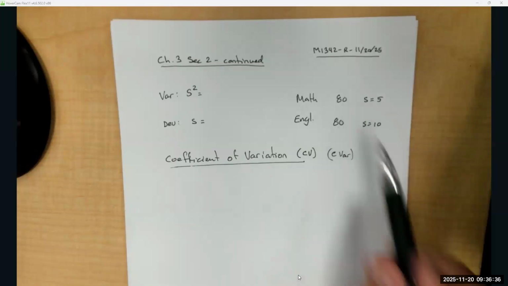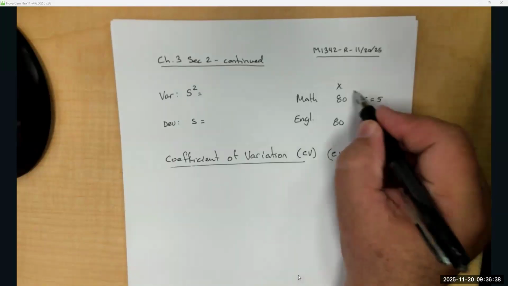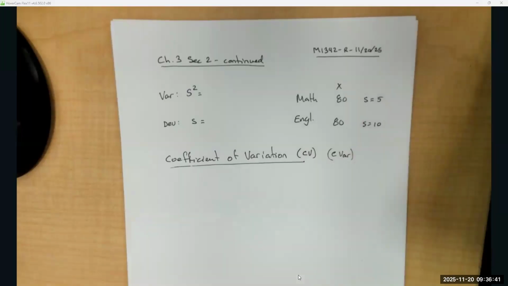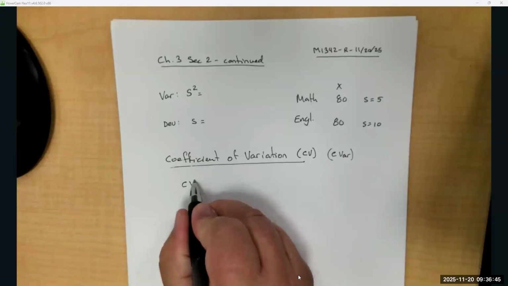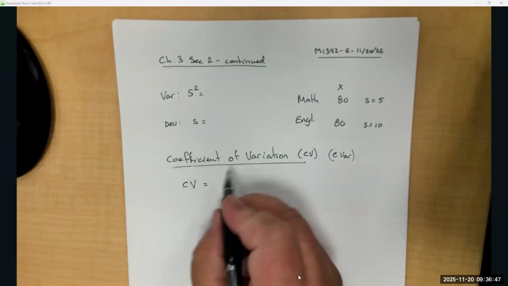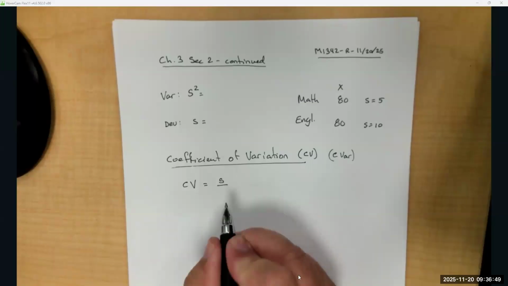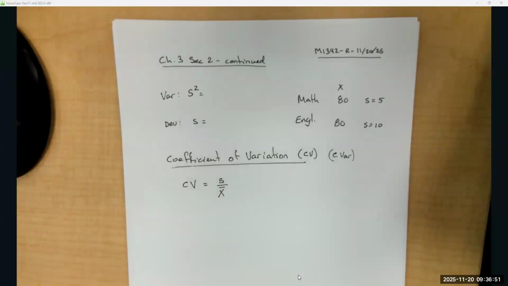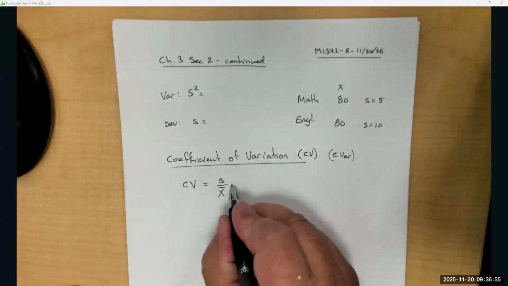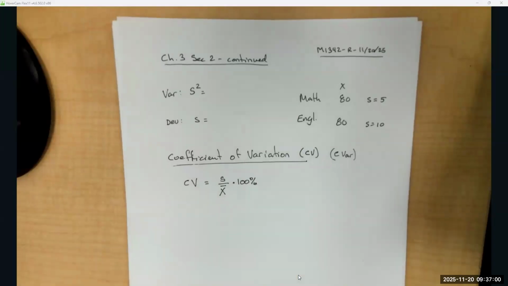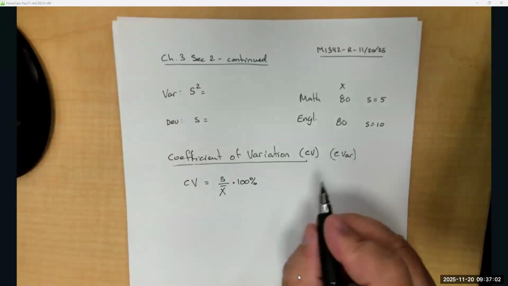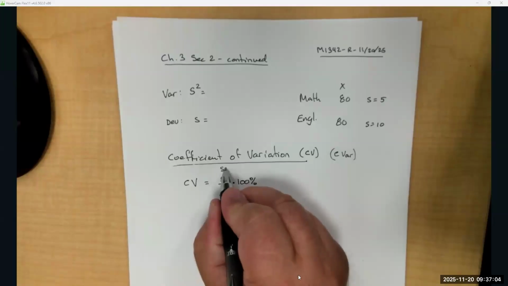Even though this is your score, and this is your standard deviation, it takes those two into consideration. The CV formula is the standard deviation divided by the mean of that object, of that class, times 100%. This is for a sample, of course.